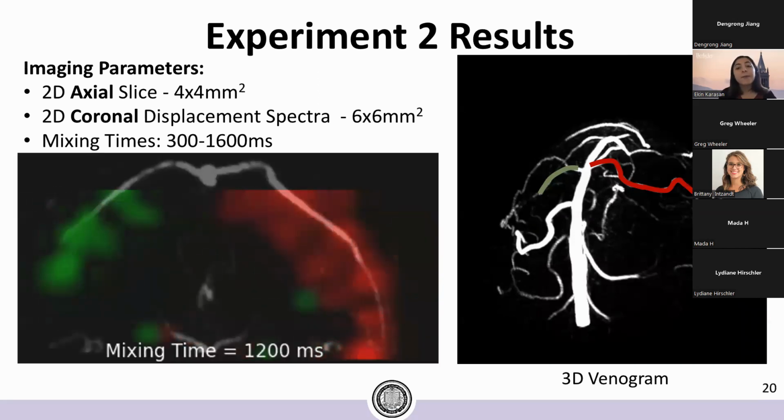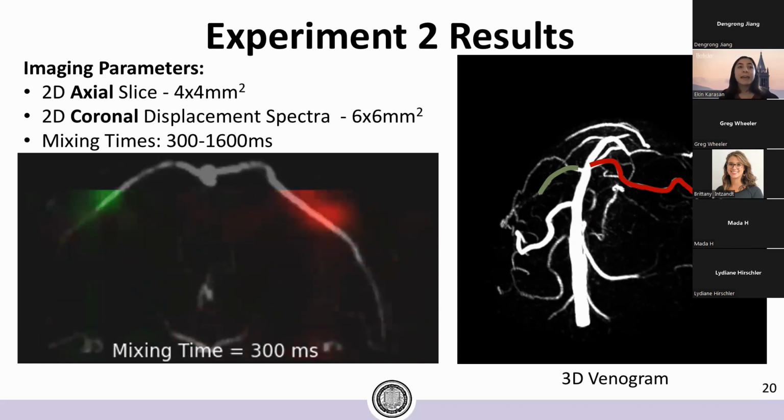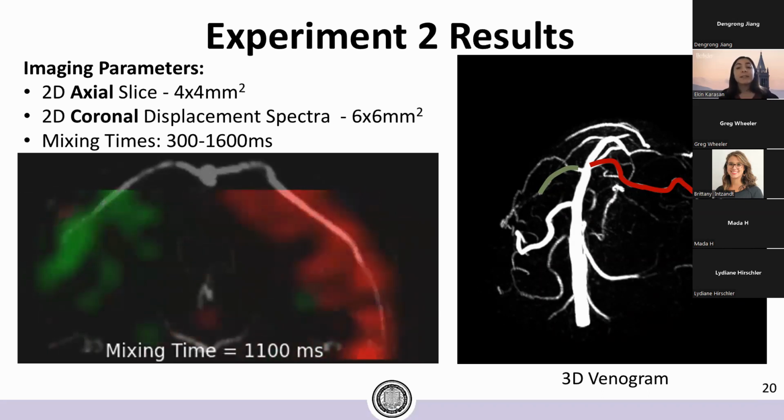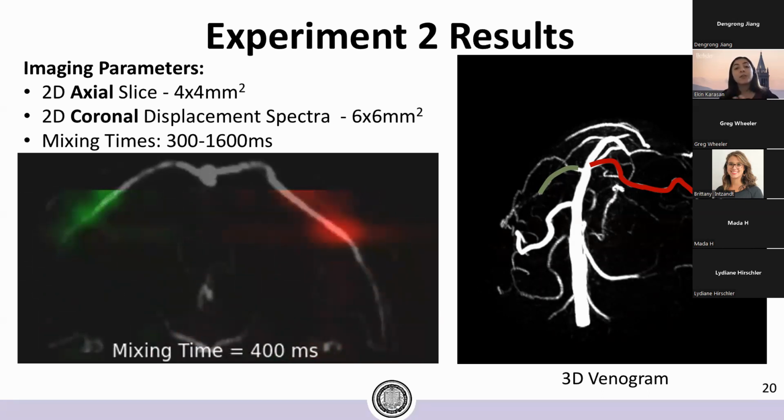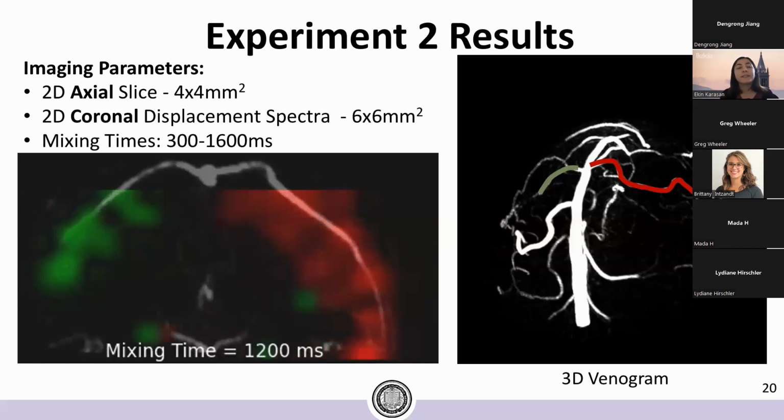We can once again overlay the displacement spectra of the 2 ROIs on the coronal projection of the corresponding section. And now we can show that although we do not perform any displacement encoding along the AP axis, just by simply selecting different ROIs, we can also resolve information along this axis.